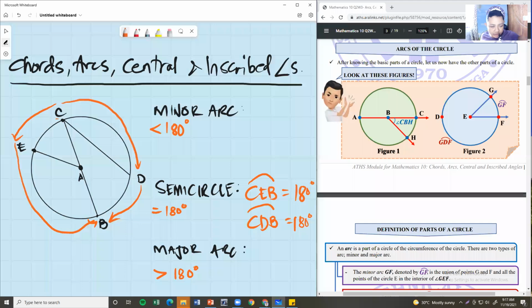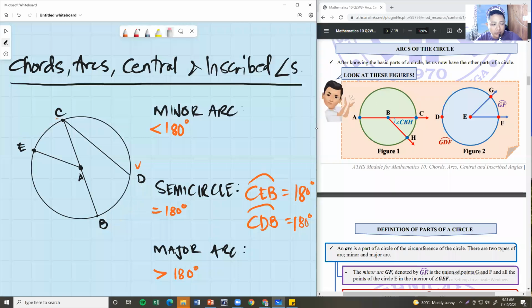If there are two semicircles and each semicircle is 180 degrees, what's the total arc measurement of a circle? Type it in the chat box. Let me see. 360 degrees. That's correct. Please take note of that. The total measurement of the arcs of a circle is 360 degrees. Very good.